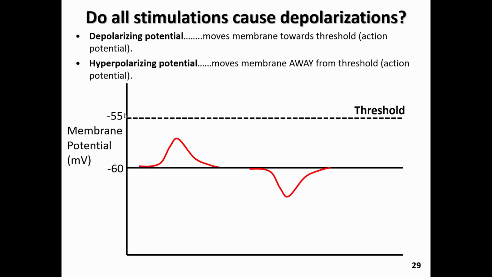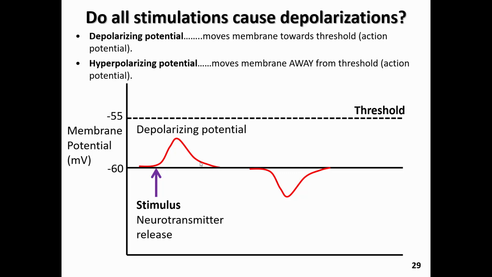We have a threshold of negative 55, and we see that this first stimulus, once again coming from the release of a neurotransmitter from a preceding neuron, will try to move this neuron towards the threshold, but not enough neurotransmitter has generated that. So this cell will return back to its resting state. And that's what we call a depolarizing potential. It doesn't always hit threshold, but we see that it does move in that direction.